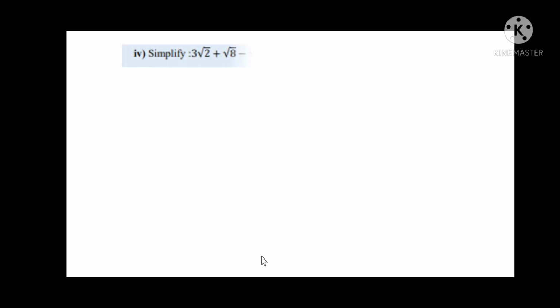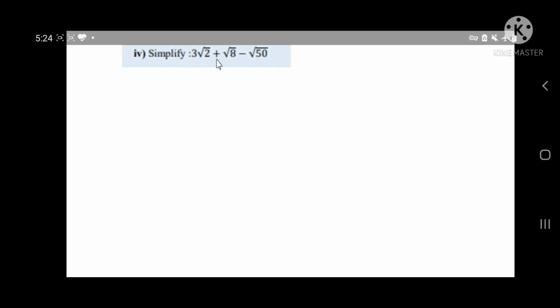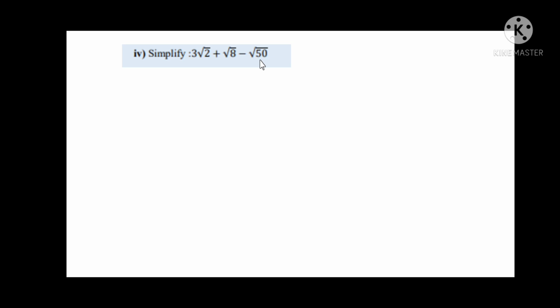Next we'll see, simplify 3 root 2 plus root of 8 minus root of 50. Friends, we'll write first the given expression, that is 3 root 2 plus root of 8 minus root of 50.